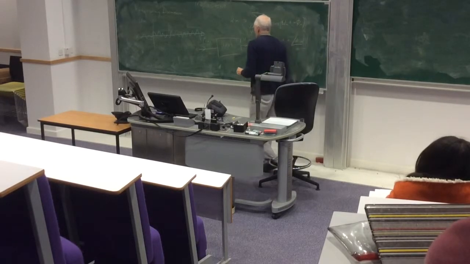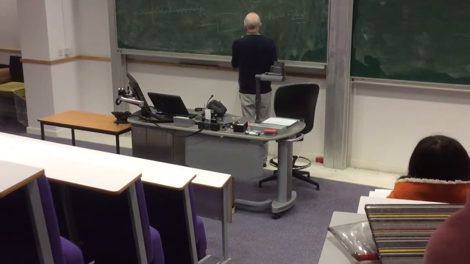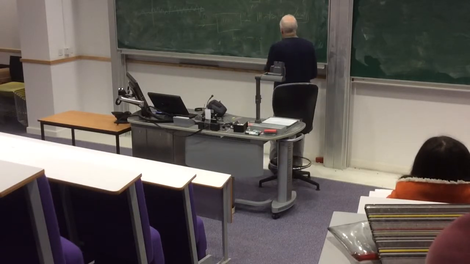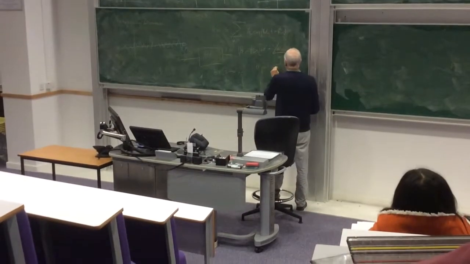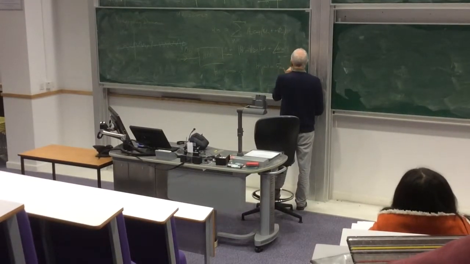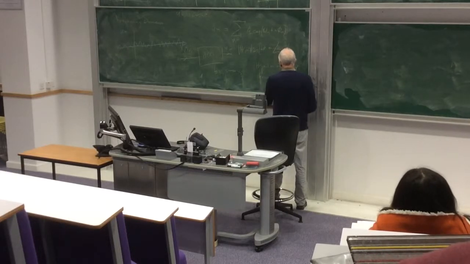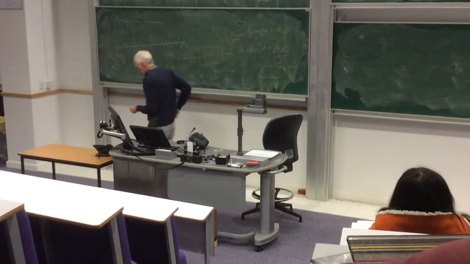H of j omega is just H of s with s set to j omega. It's called the frequency response function, and what we are interested in is its magnitude and its phase angle.